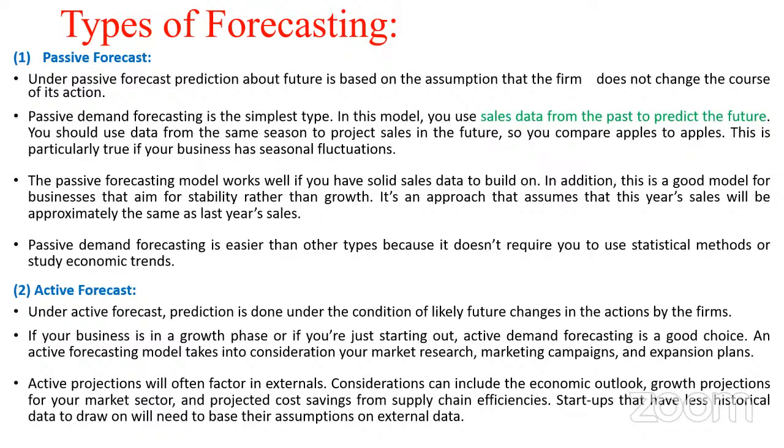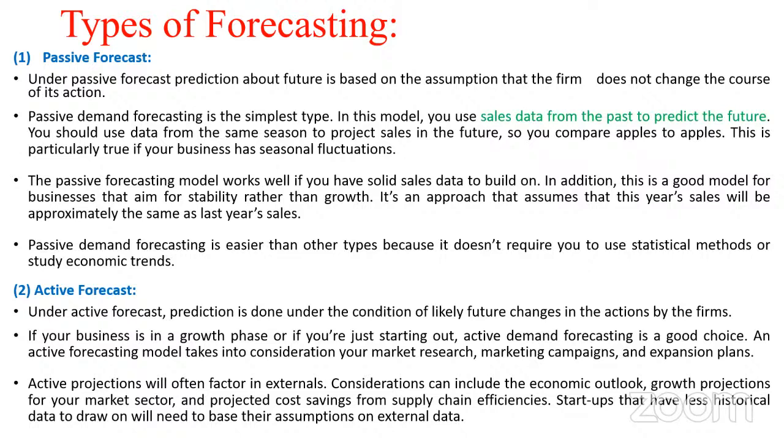If the past data is perfect, then you are able to predict. In addition, this is a good model for businesses that aim at stability rather than growth, because it is a stable demand. There is no fluctuation in demand; it does not continuously change. It is not dynamic. It is a fixed one.